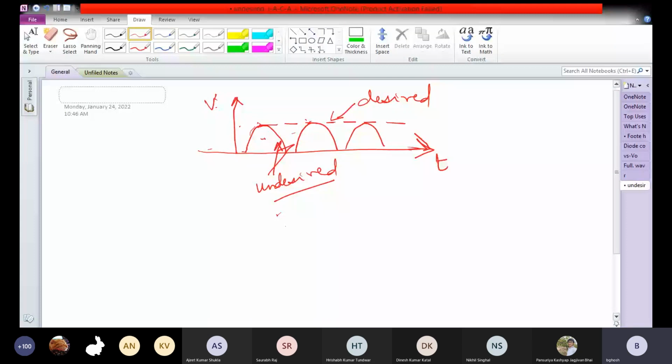We have the diode, which is fed by your AC source. Again, this is a source like this. And we have a filter capacitance.